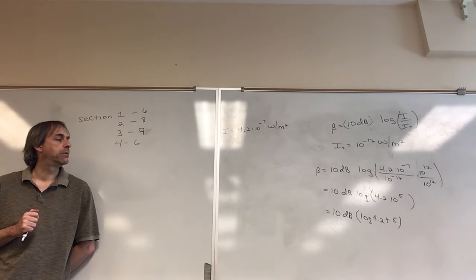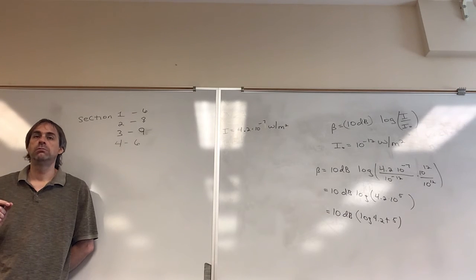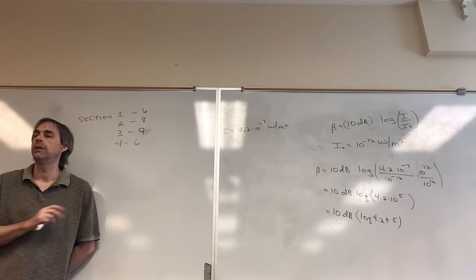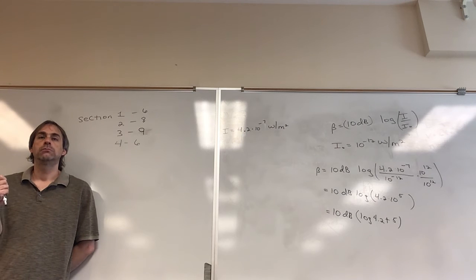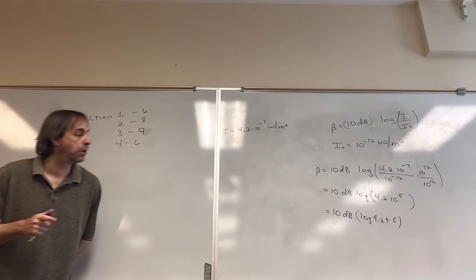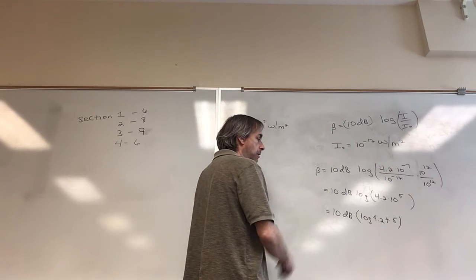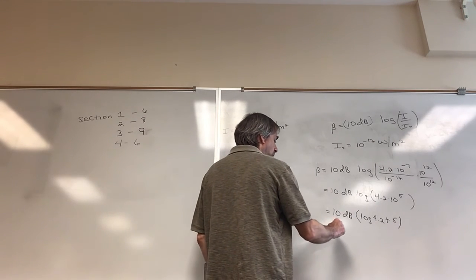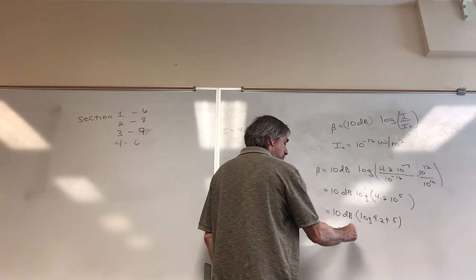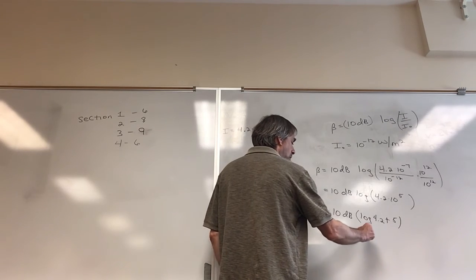Don't have log of 4.2? Base 10 logarithm of 4.2? 0.62. So multiplying that by 10, that would be 6.2. So we'll have about 56.2 decibels.